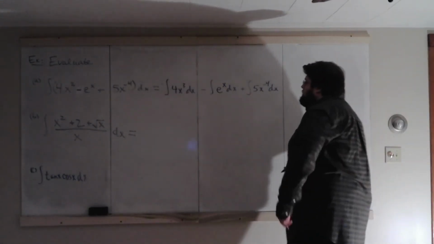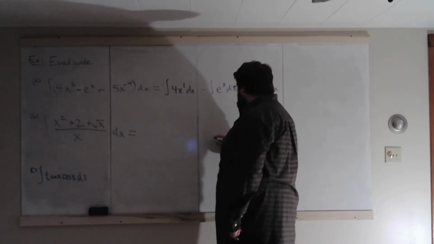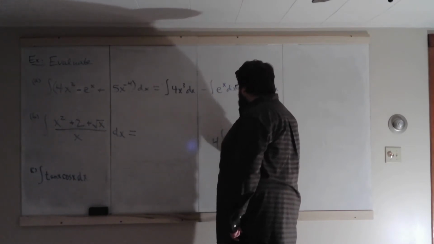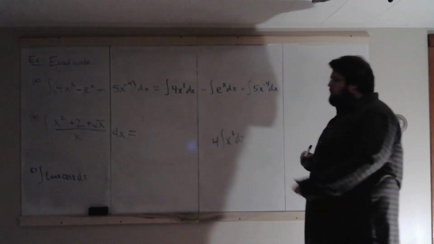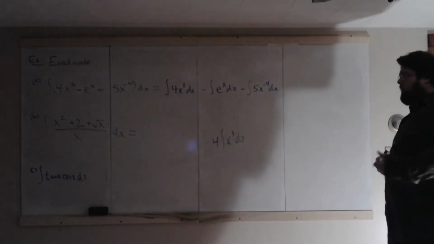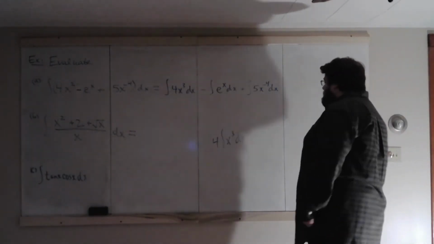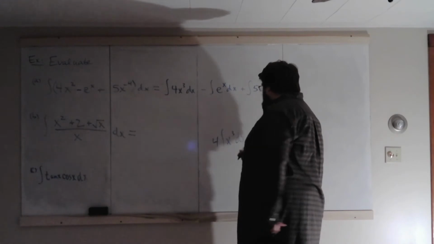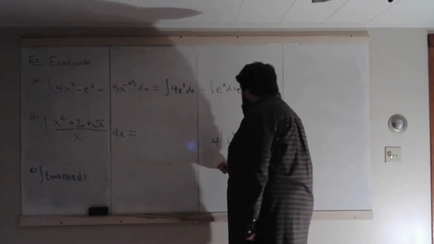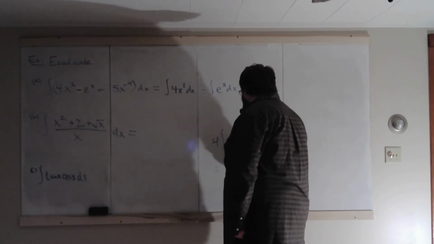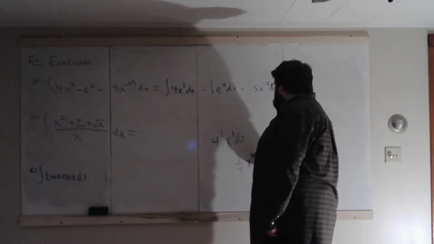So let's do 4x to the third first. Well, the 4 comes through. We get 4 times the integral of x cubed. How do we do x cubed? Well, the second integral rule tells us how we can do the integral of x cubed. The second rule says that the antiderivative of x to the 3 is 1 over 3 plus 1, 3 plus 1 is 4, times x to the 3 plus 1.